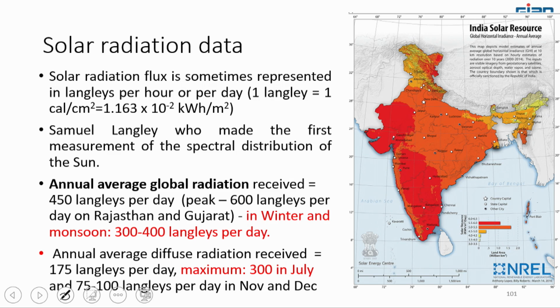You can see the radiation spectrum of India here. Red means more, about 5.5 to 6 kilowatt hour per meter square. In our place, even though it is not properly red, it's fine, our systems will work. If you get 4.5 or 5, it will also work well.